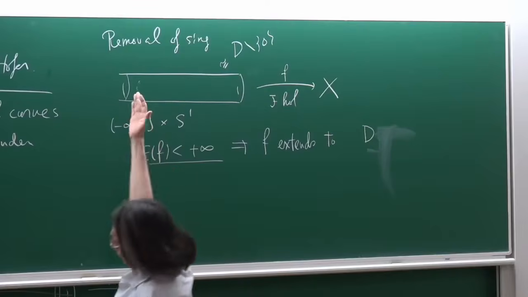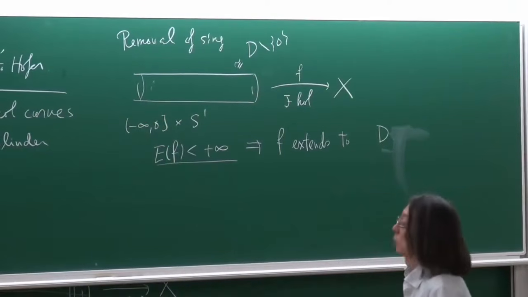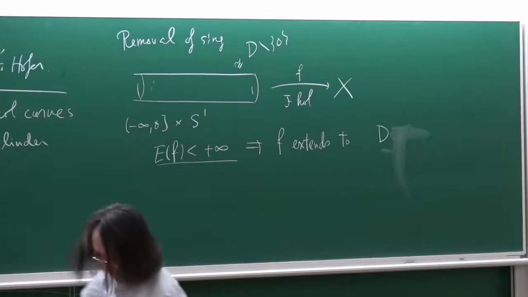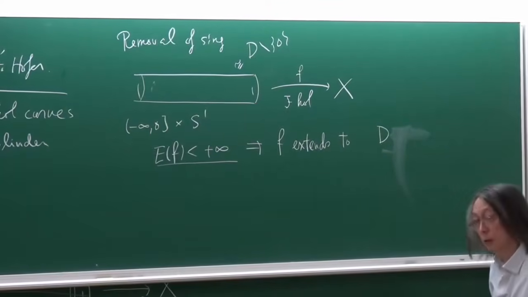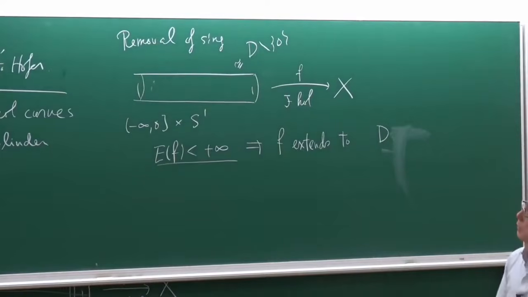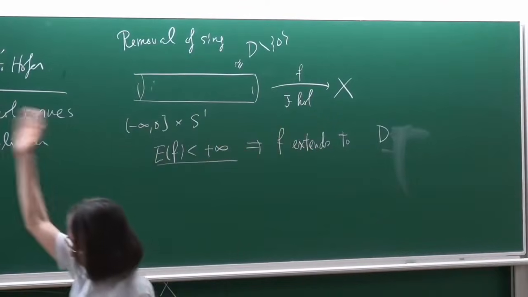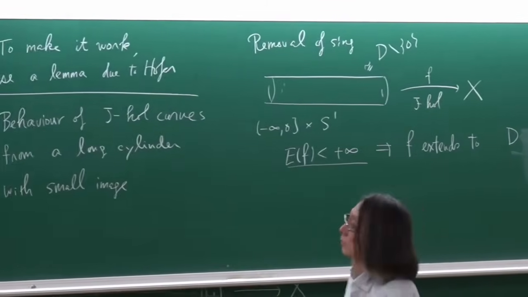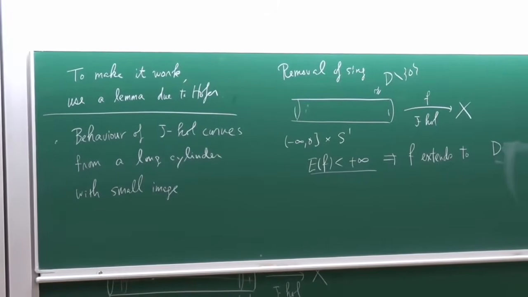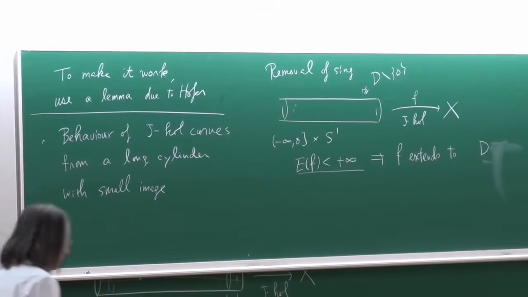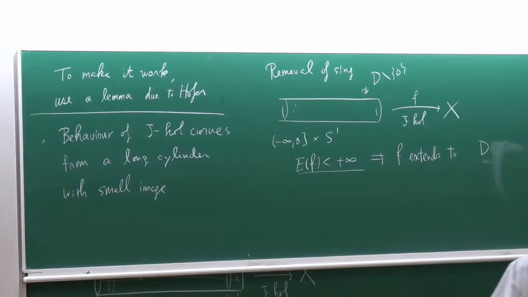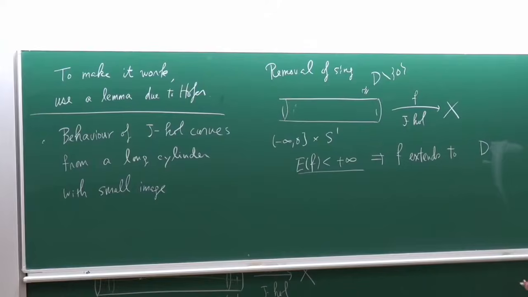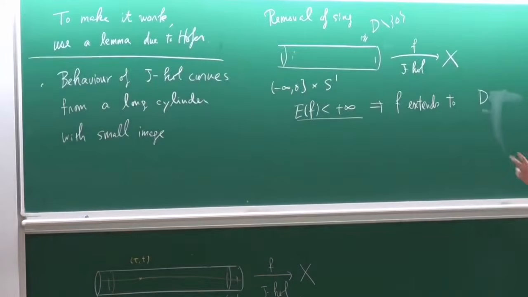And from here, you can get some differential inequality for the energy functional for the restriction of this holomorphic map F. And then from this you get some decay estimate. Once you have this, now you can use the energy derivative bound under small energy condition. And so actually, this will decay nicely. So this is the argument.